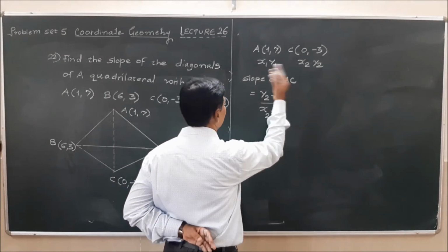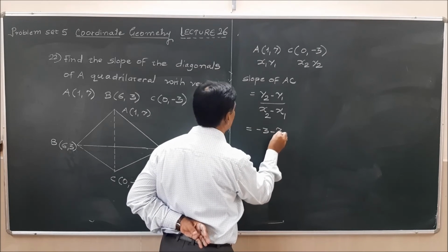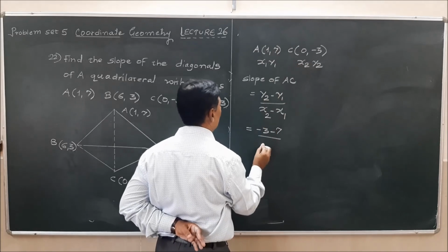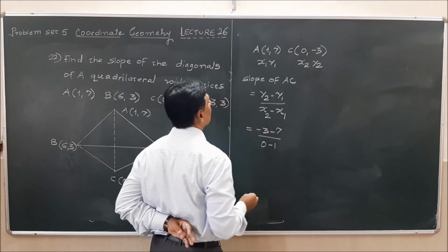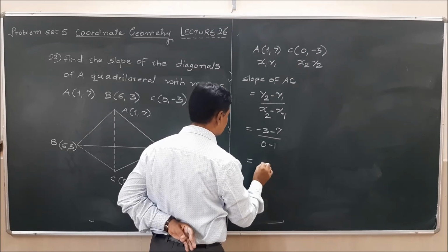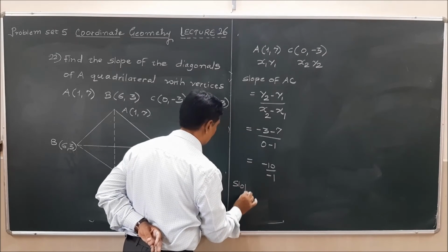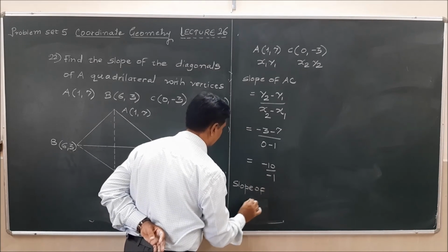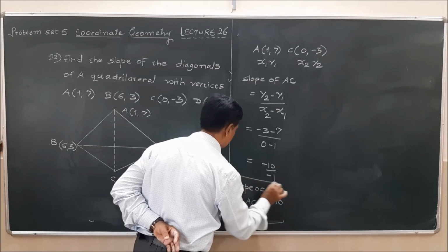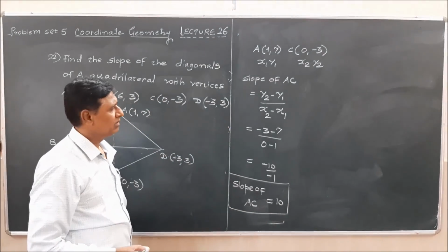So y2 minus y1 is minus 3 minus 7, x2 minus x1 is 0 minus 1, that is minus 10 upon minus 1. Slope of AC is equal to 10.